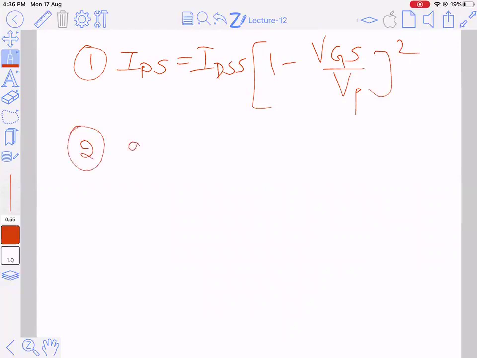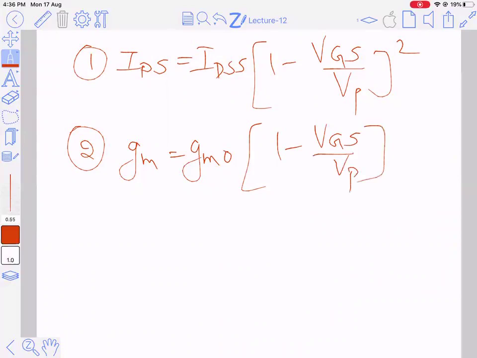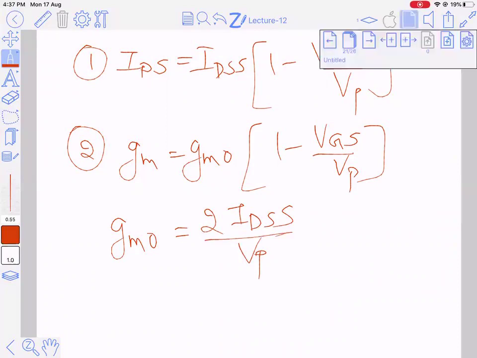Second, GM is equal to GMO into 1 minus VGS upon VP, and GMO is nothing but 2 IDSS by VP. There's a difference between IDS and IDSS, so you should not confuse them. IDSS is the maximum current, which is a constant value. These formulae are very, very important.